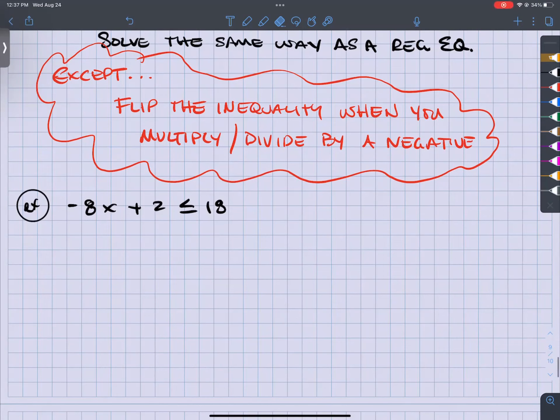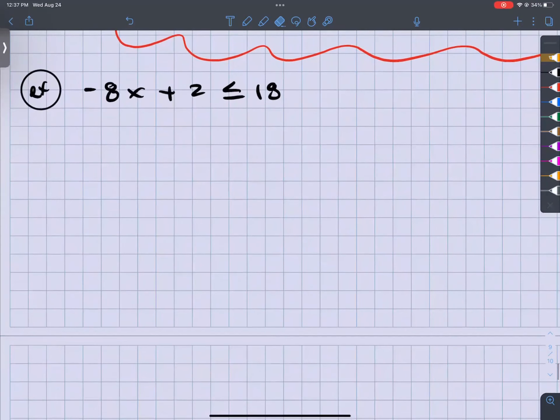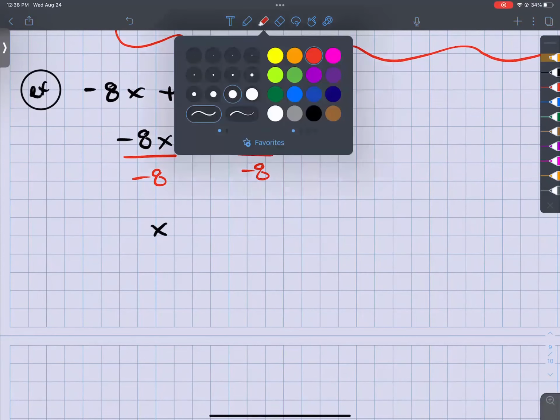Except if you mess up the inequality. If we only have one, solve it as a regular equation. I would still get x by itself here, right? So I would subtract the 2. And then because I'm dividing by a -8, flip the inequality.